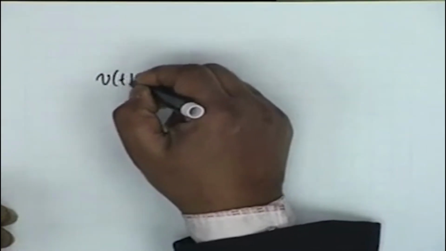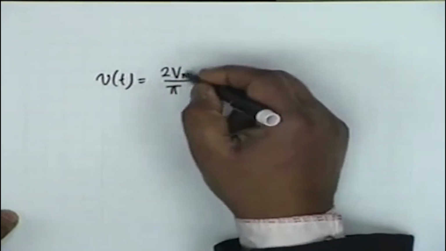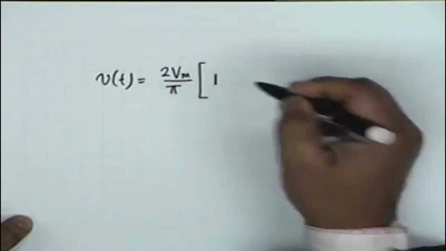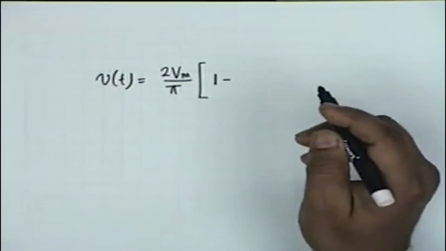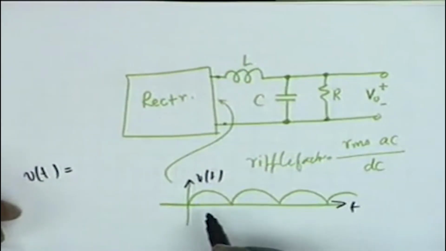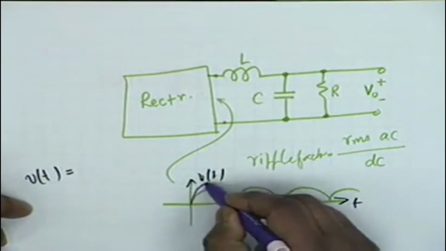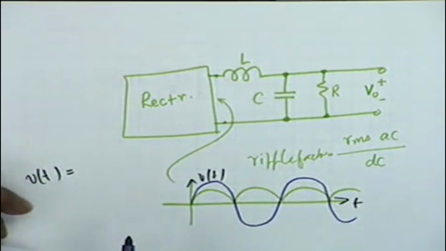This full rectified waveform can be written as twice Vm by pi. This is the DC value which we have already derived. In addition, there are alternating components. Now if you look at this waveform, the input waveform was something like this, and the output waveform is like this.